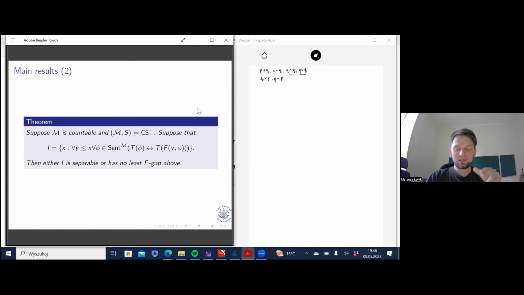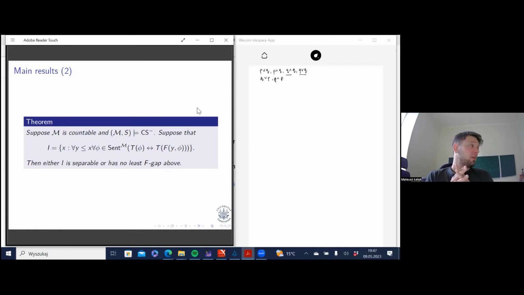Right? So this is not only that these two conditions are sufficient for characterizing this cut as the F correct cut of some satisfaction class, they are also necessary. And then one more question you can ask, which is very meaningful: can we simplify this alternative, either separability or having no least F gap above?